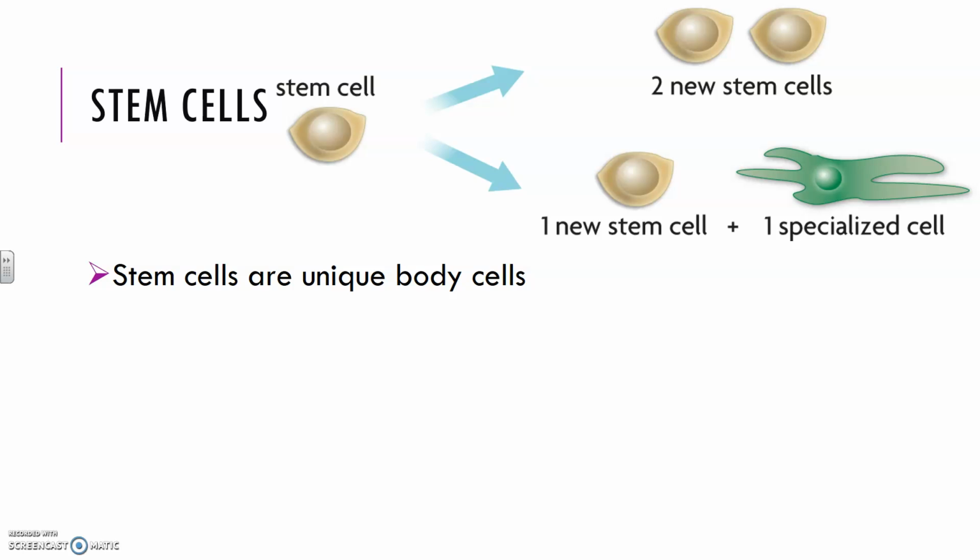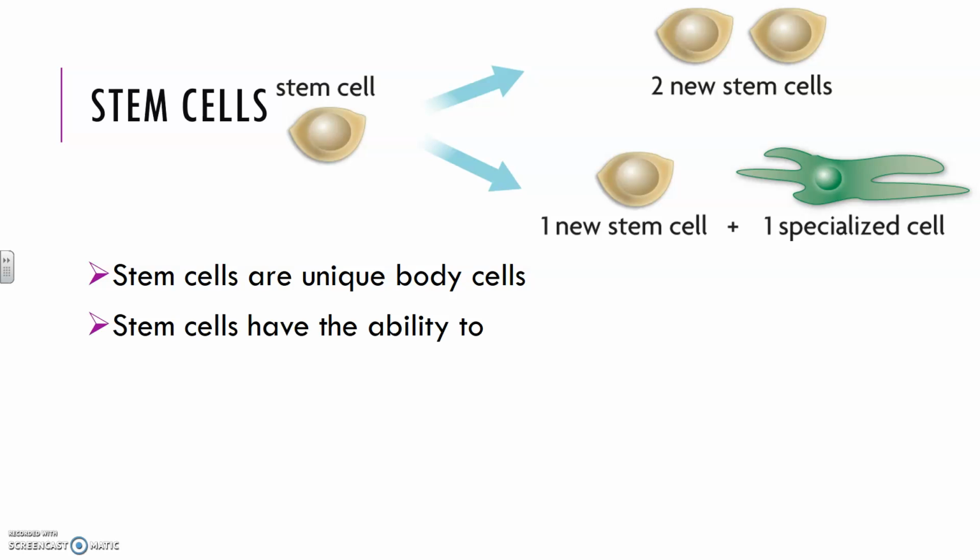That specialized cell has gone through differentiation to become a specific type of cell rather than just a stem cell, so it's taken out that potential for becoming any other type of cell. Now it has its job and knows what it's supposed to do, and it's going to go do that.